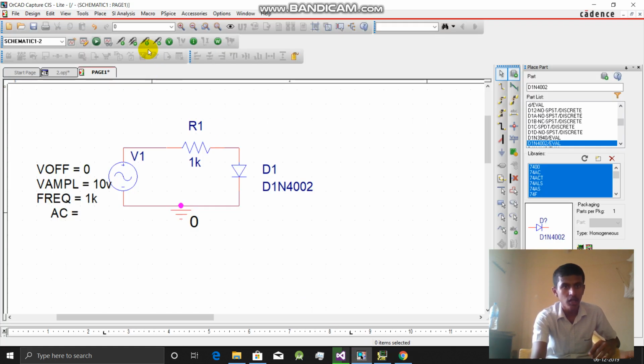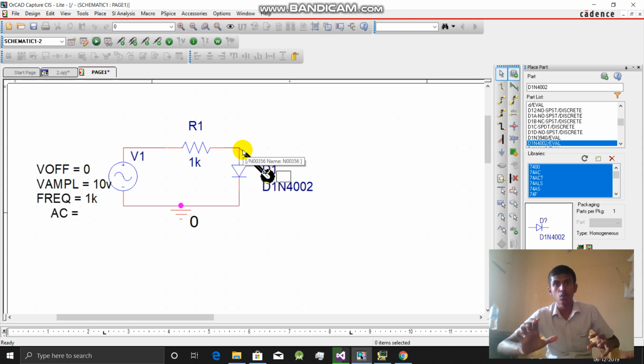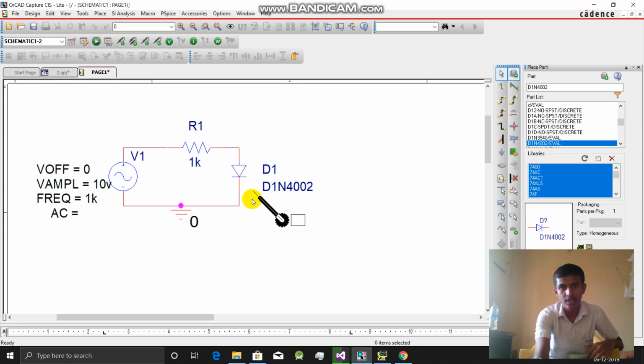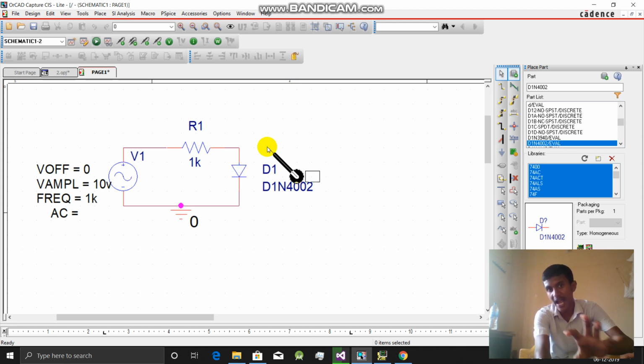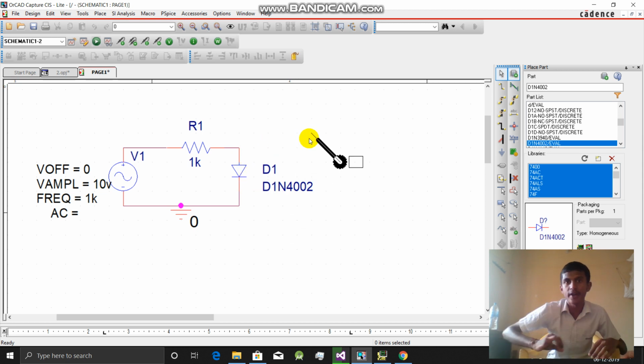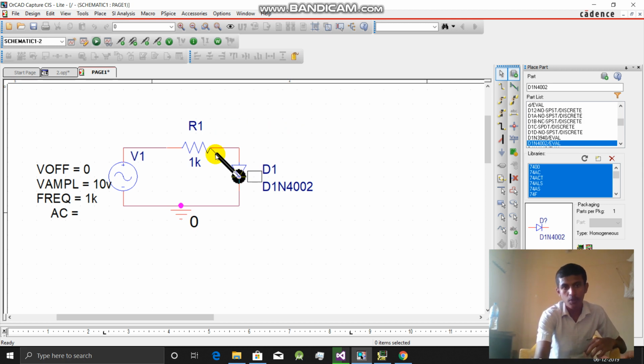Okay, we need to keep the probes. We need to see the voltage across this diode, not across the resistor. Remember this. We need to see the voltage across the diode because these two points are our outputs. Let's keep this.